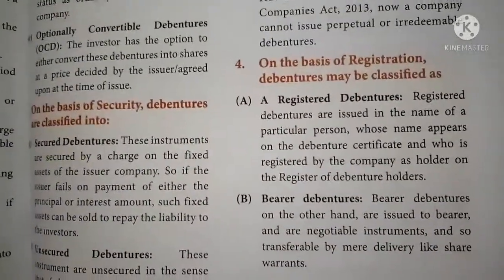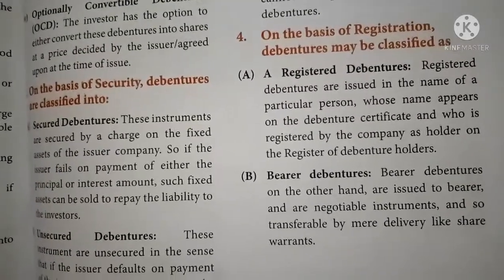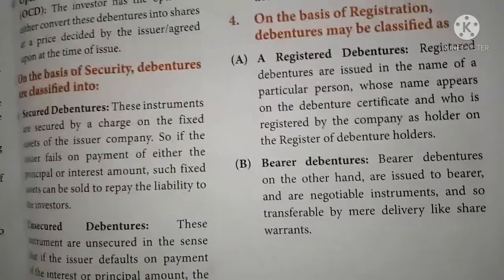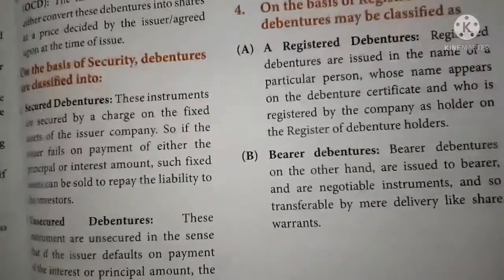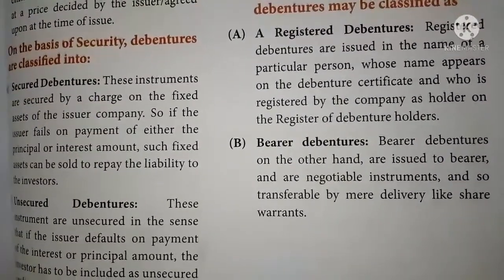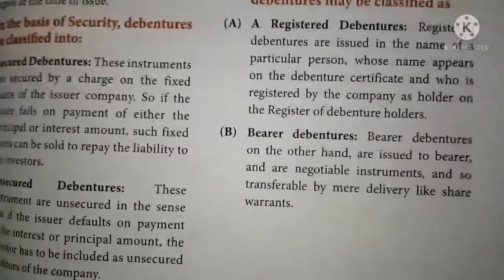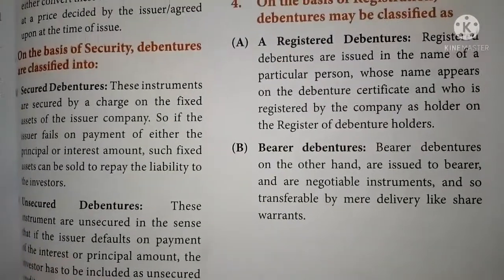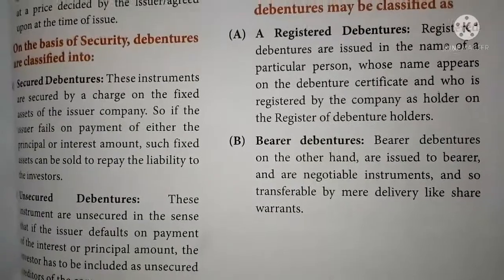On the basis of registration, debentures are of two types: registered debenture and bearer debenture. A registered debenture means the name of the debenture holder will be mentioned in the debenture certificate and also in the register of debentures in the company. So the debenture holder's name will be entered both in the debenture certificate and in the register.